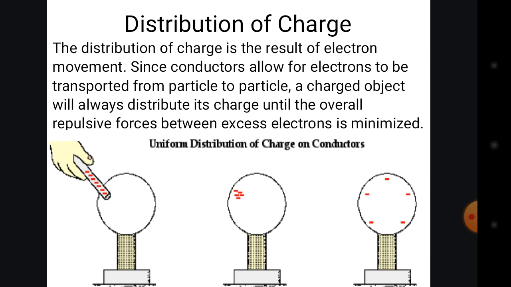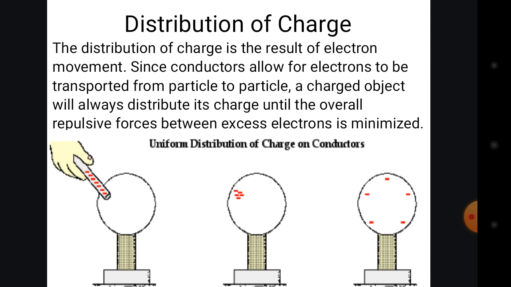Here in this example we have the electrons, for the distribution of charges by electrons. So it is a result of electron movement. When the electrons are moving, that means that we have a distribution of charges, and it is due to the conductors allowing charges or current to pass through. So it allows the electrons to keep moving until the overall repulsion between the excess electrons is minimized.